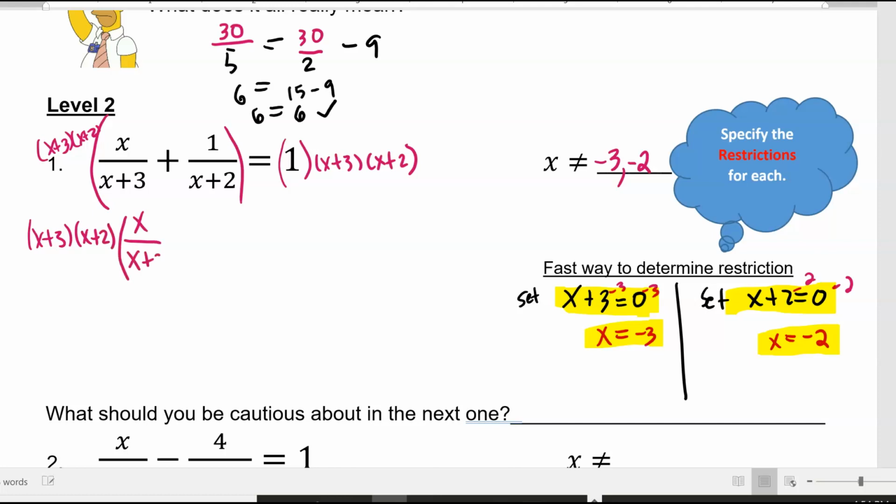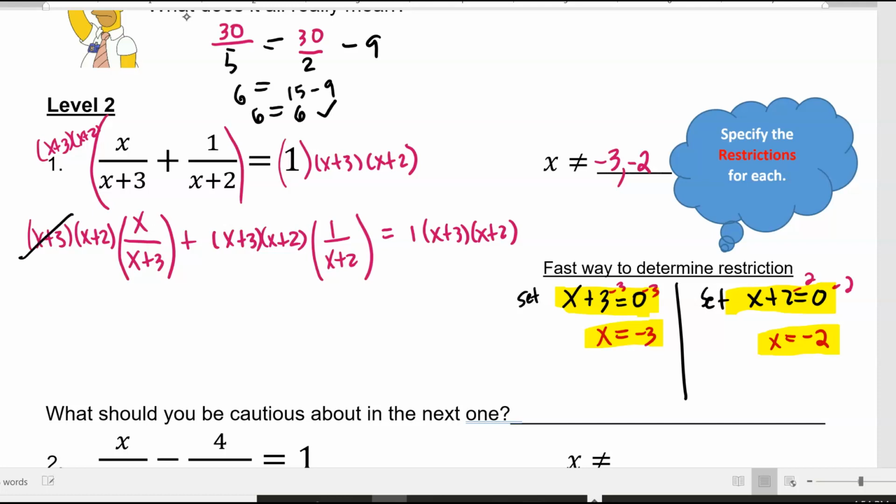It's a lot of writing though, as you can see. On the left side, first thing we can cancel is x plus 3 and x plus 3, leaving us with x plus 2 times x. You can just go ahead and multiply it if you want to, but of course, I have to write it out.